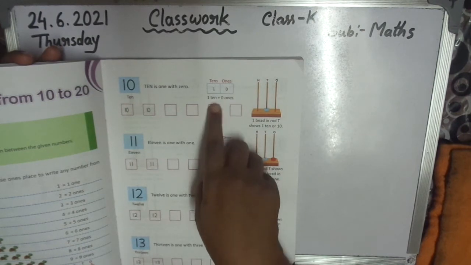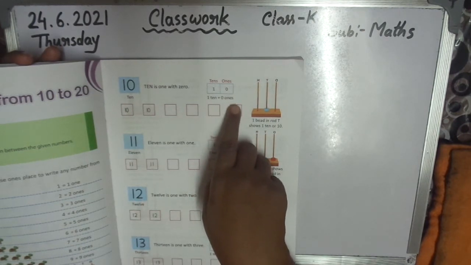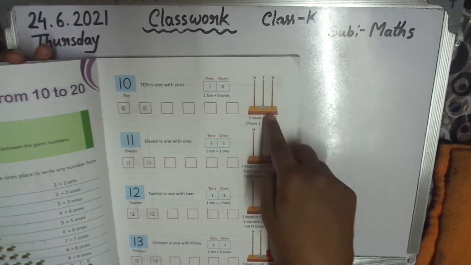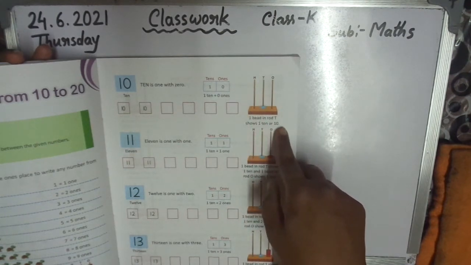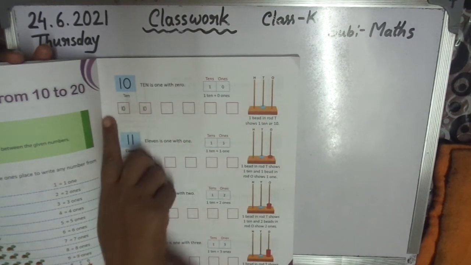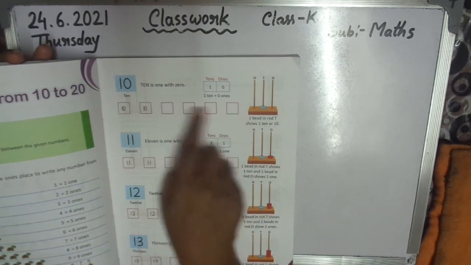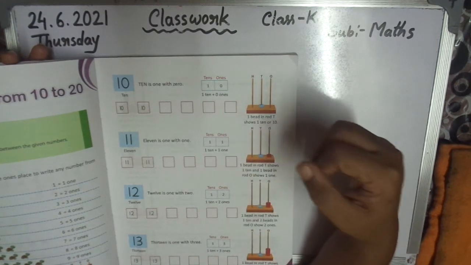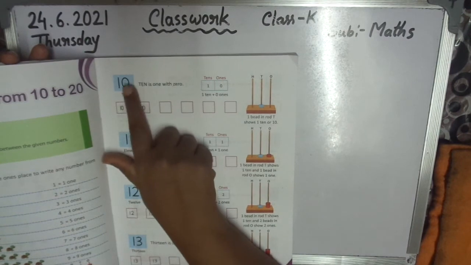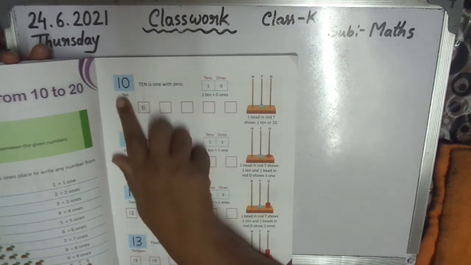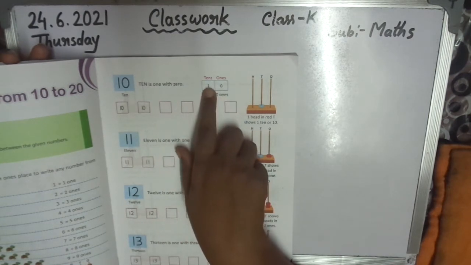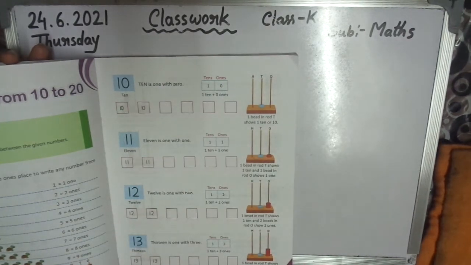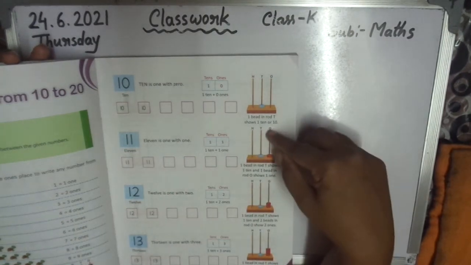So 1 ten plus 0 ones. On the abacus, 1 bead in rod T shows 1 ten, or 10. 1 0 means 1 ten plus 0 ones. So 1 bead in rod T shows 1 ten or 10.